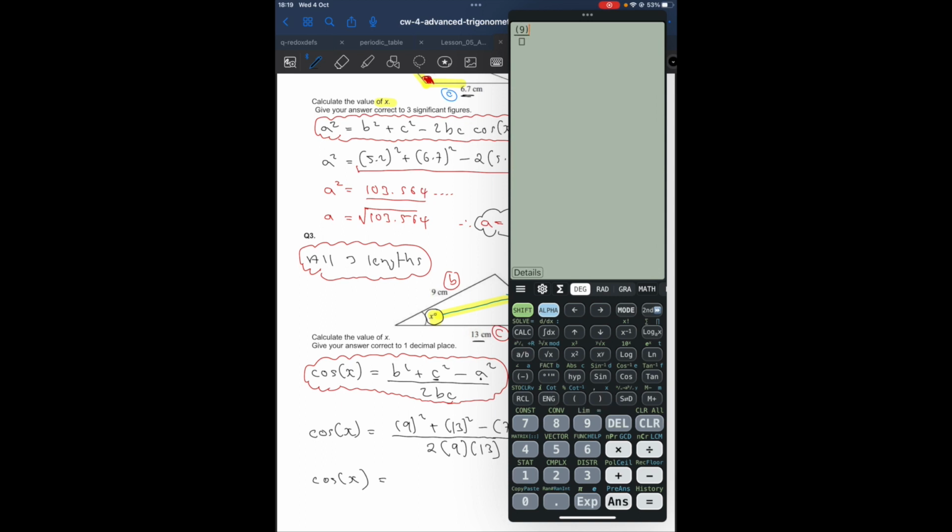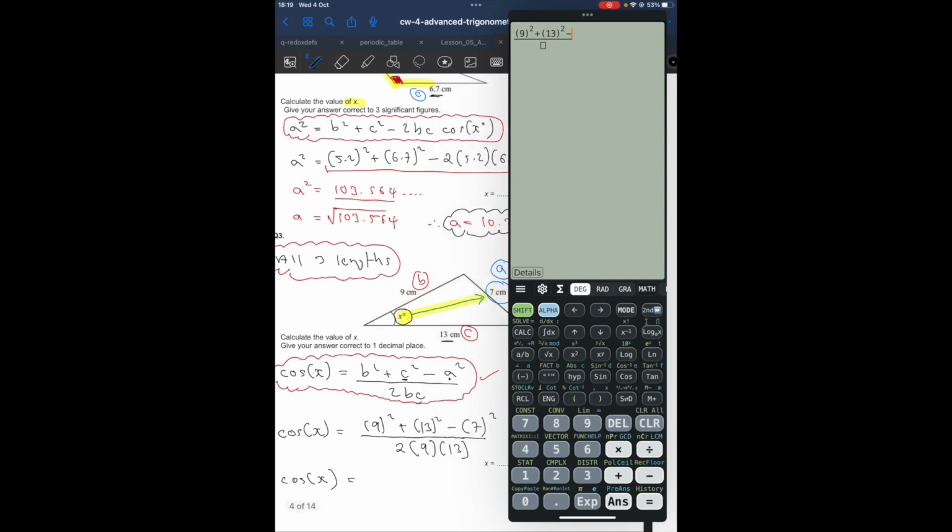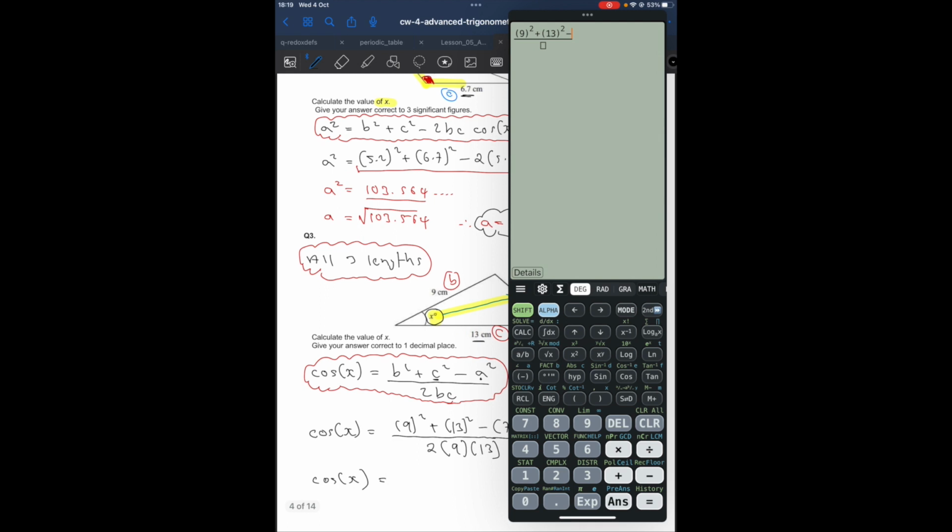We're going to have 9 in a bracket squared plus, in a bracket, 13, close bracket squared, minus, and then we've got that 7 in a bracket squared. And then if we go down, we're going to have 2, and then 9, close bracket, and then 13, close bracket. And we've done the substitution using brackets.